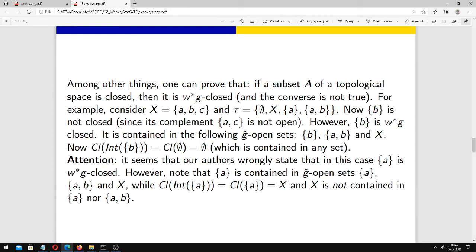Attention, it seems that our authors wrongly state that in this case, in case of this universe and this topology, the singleton of A is weakly star g closed.